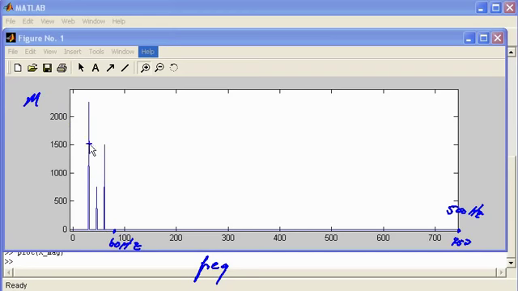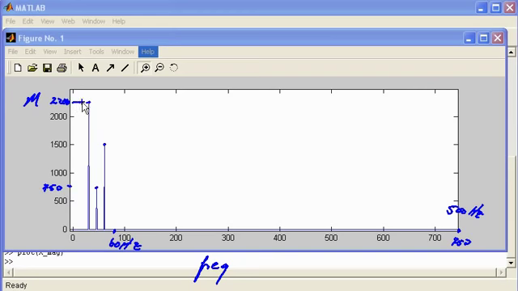The amplitude of this component looks like it's about 1500. This one here looks about half that amplitude, so about 750, whereas this one here looks like it's 1.5 times that. So that's about 2200 up there.